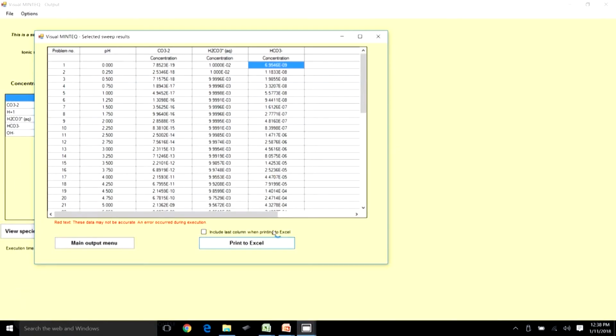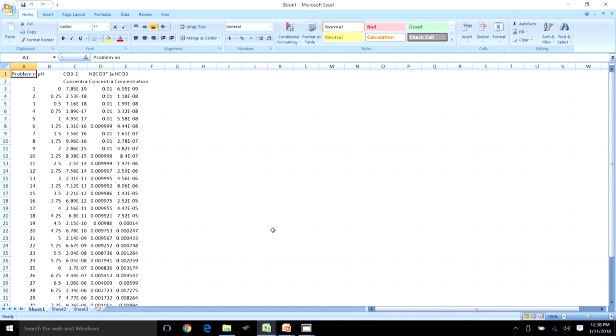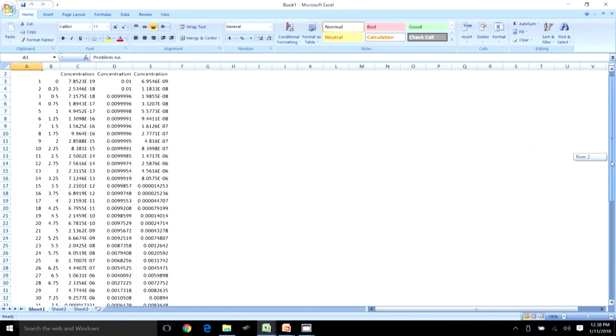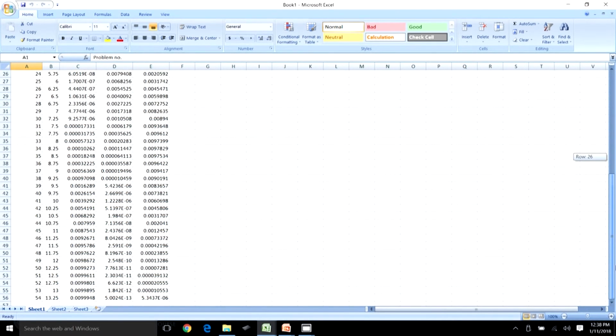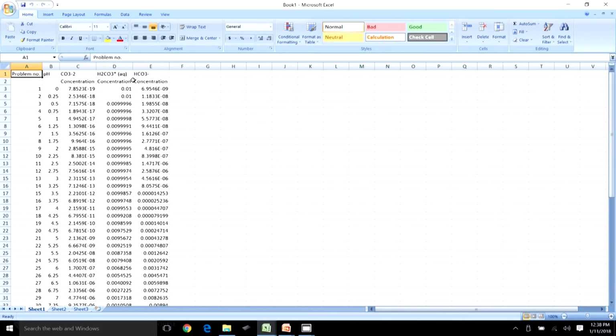So how do I do that here? I have the option for print to Excel, and that automatically transports the relevant data to Excel. Let it come through. So here we have data up to pH 13.25 starting from pH 0. Let us try to get the relevant graphs.